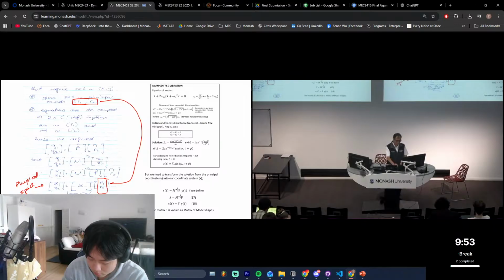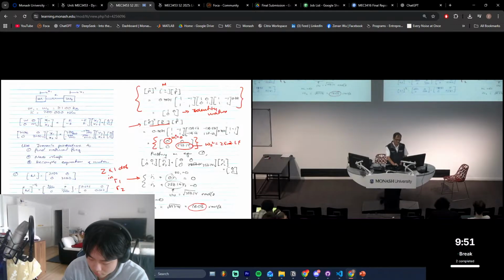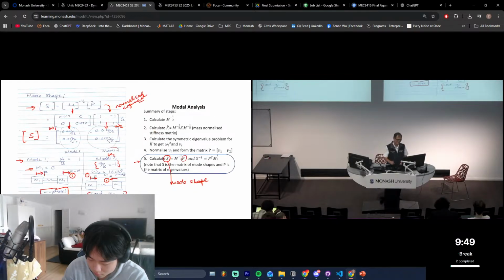Okay, and I've given you kind of like, I hate to say this, but it's like a recipe. Okay, you just do it one step at a time as long as you know what you're doing. But it's important to know why you solve for the eigenvalues and why you solve for the eigenvectors.